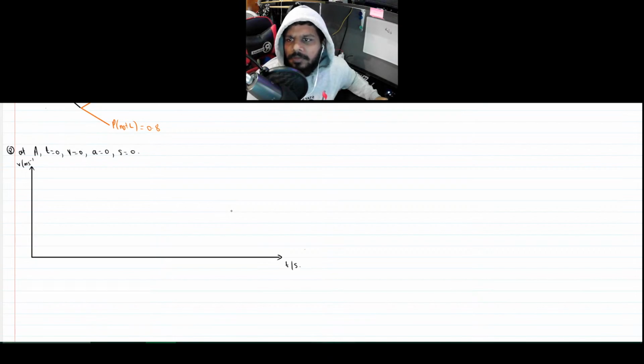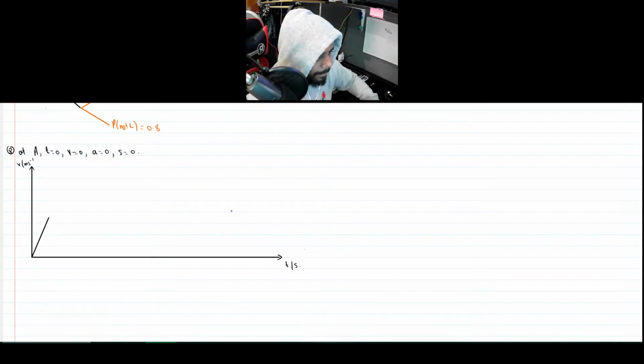So for the first part of the journey, the car moves with constant acceleration until it reaches 24 meters per second. So we start at rest, going up until it reaches 24. So this here could be 24.